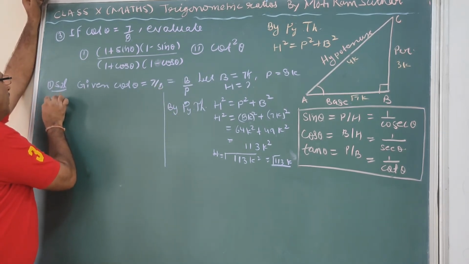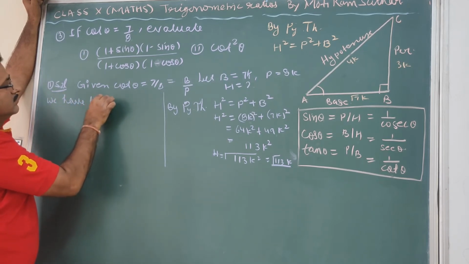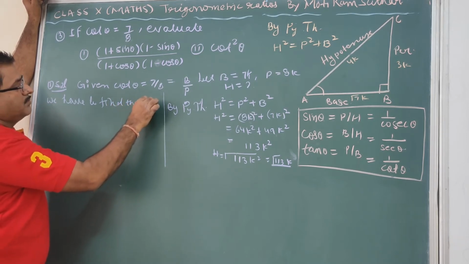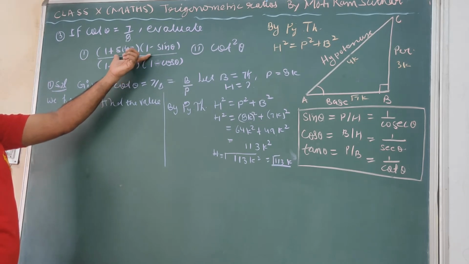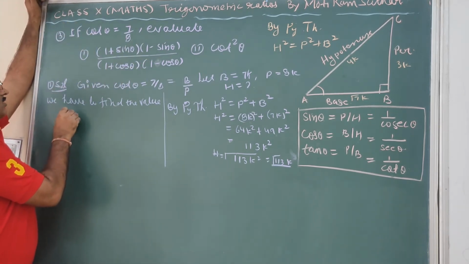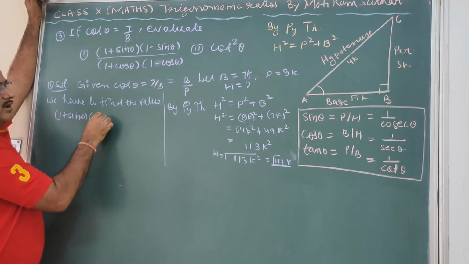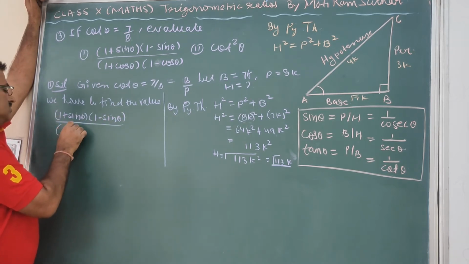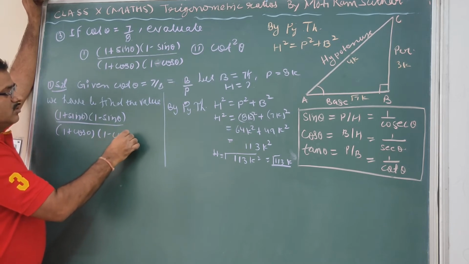We have to find the value of this. So you may write here (1 plus sin theta)(1 minus sin theta) over (1 plus cos theta)(1 minus cos theta).